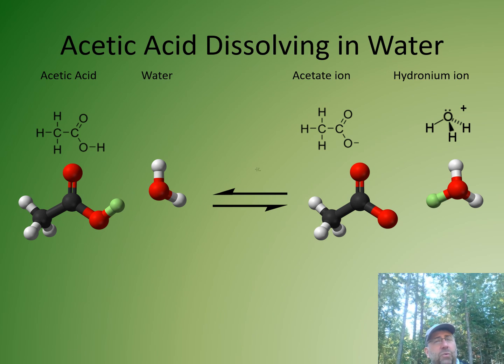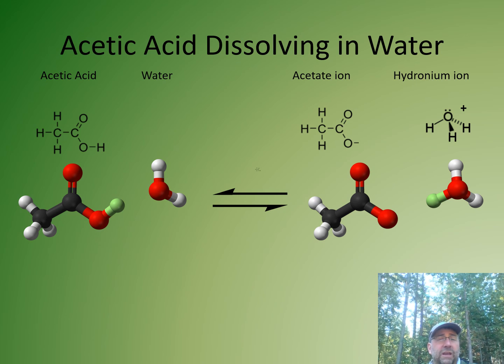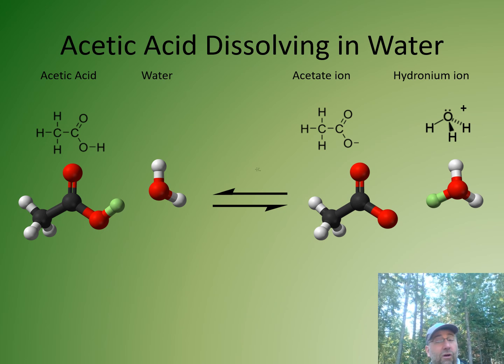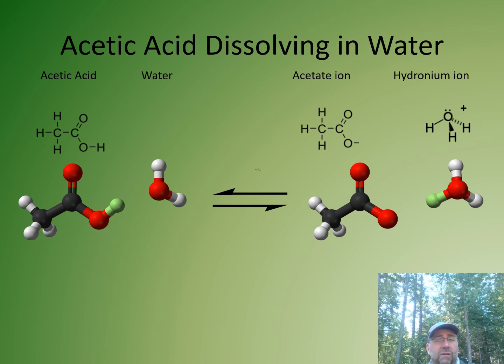Here's an example of something that can happen. You've got acetic acid, that's vinegar, and it interacts with water molecules. You dissolve the acetic acid into water. The water molecule will be attracted to this hydrogen right here and will actually pull it off of the acetic acid.